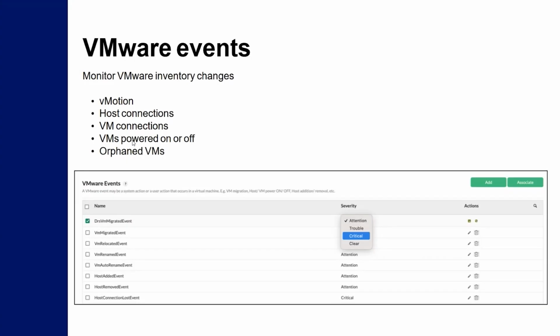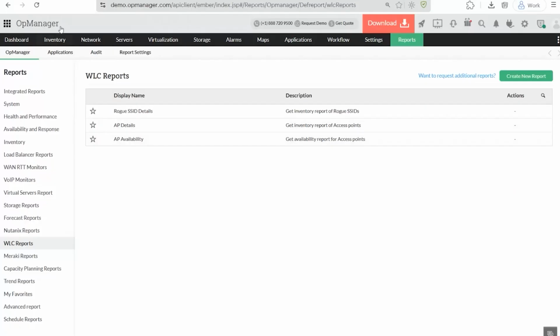The first thing is how to configure alerts for your VMware events. In case a VM gets powered off or powered on, or a VM is moved from one vCenter to another vCenter, that is vMotion, and you want to have alerts for this, then you can go back to Settings, Monitoring.